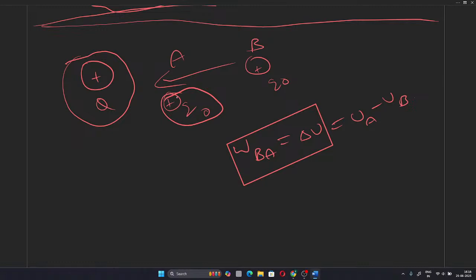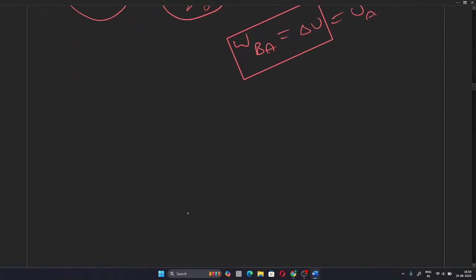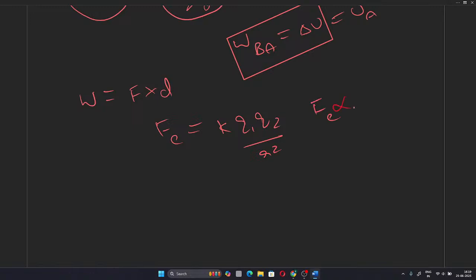Because it is depending on both the charges, as in the formula we know, work equals force into distance, and electric force Fe equals kq1q2 by r squared. Here the work done is against the electric force, so it is directly proportional to the charges q1 and q2.